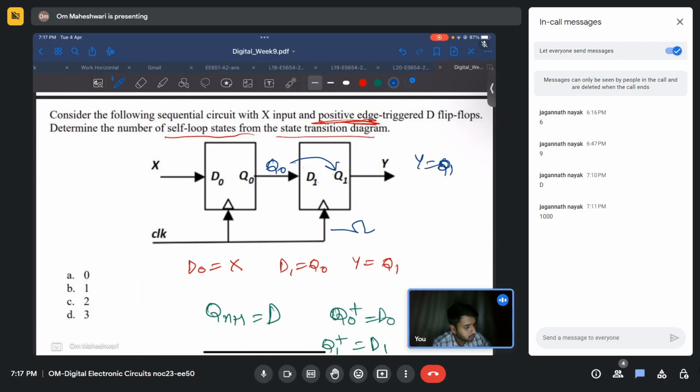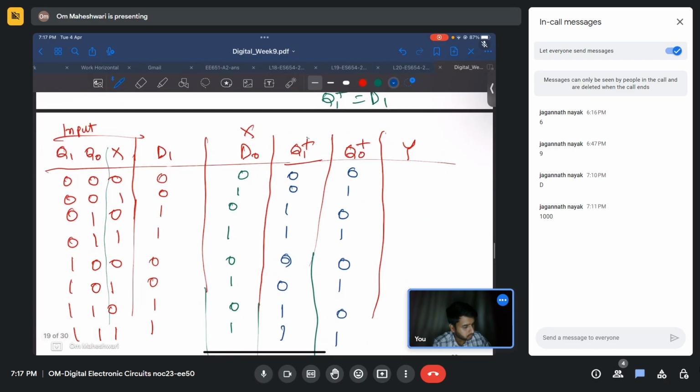We know that. As soon as the clock will arrive, this Q0 will be Q1. Q1 will become Q1 plus is Q0. So Y is Q0. So this is Y: 0 1 0 1 0 1 0 1.